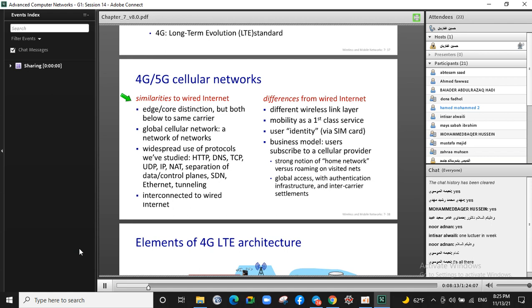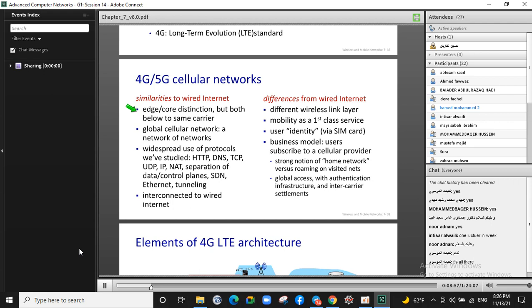Okay, let me try to compare cellular technologies with fixed or wired broadband technologies. The similarity between wired and wireless technologies is that, although at the edge we are using wired or wireless technology, at the core of the network, both wireless and wired technology use a similar carrier.